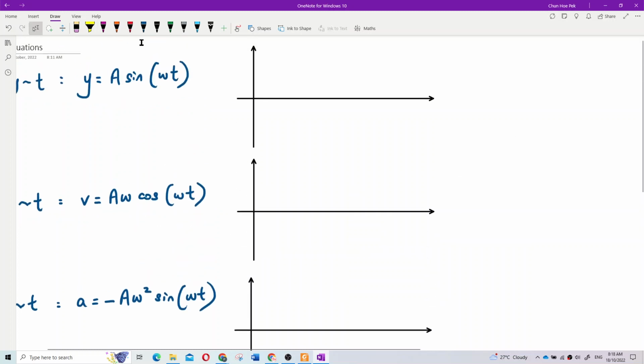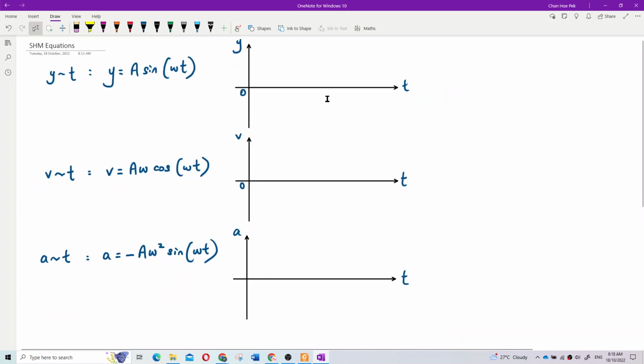We have the displacement versus time equation, the velocity time equation, and the acceleration time equation. Do you know how to draw their graphs? Very simple mathematics, based on trigonometry.